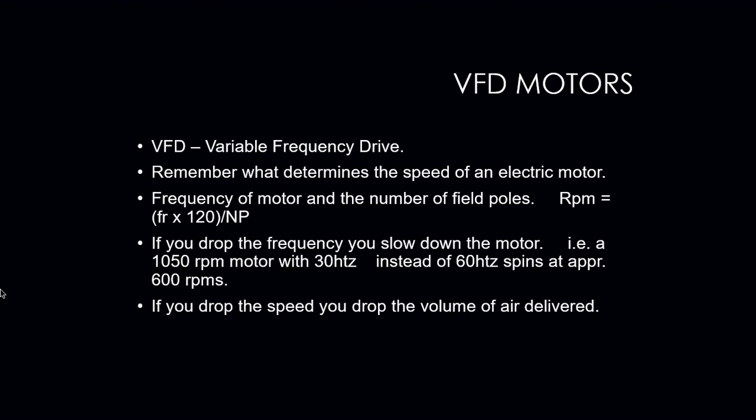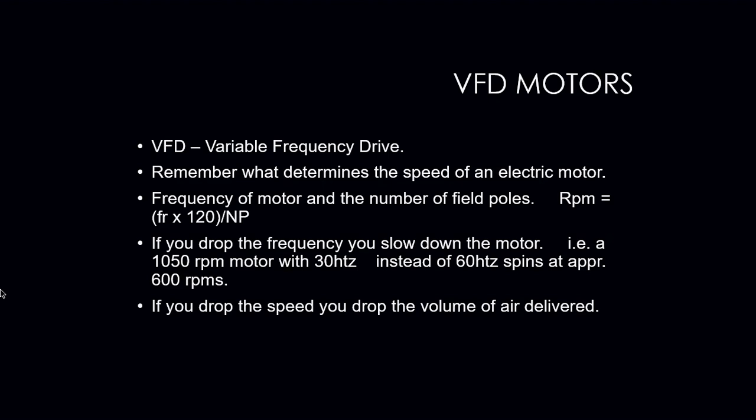Your variable frequency drive motors, remember, what determines the speed of an electric motor is the RPMs. So the frequency of the motor and the number of poles is what's going to determine what the RPMs are. And there is your formula right there. Okay, RPMs equals frequency times 120 divided by the number of poles.